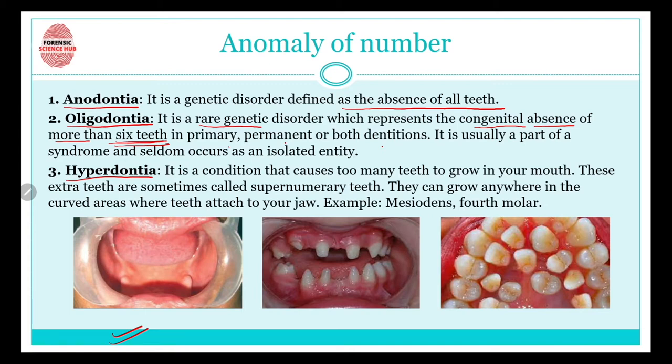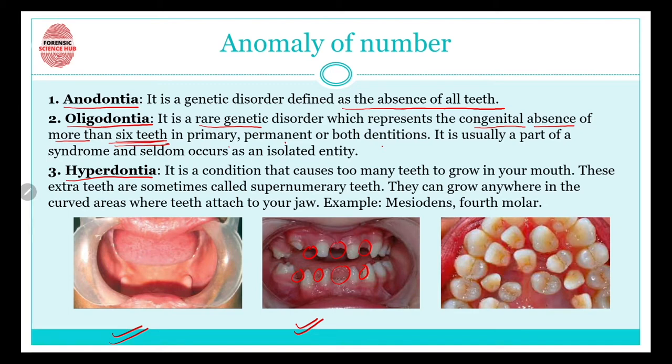So oligodontia means that more than 6 teeth are missing from the jaw of the person. If you look here in this picture, 6 or more than 6 teeth are missing, right? A tooth is missing from here, one is missing from here, here, right? So if 6 or more than 6 teeth are missing from the jaw, then that is a condition known as oligodontia.